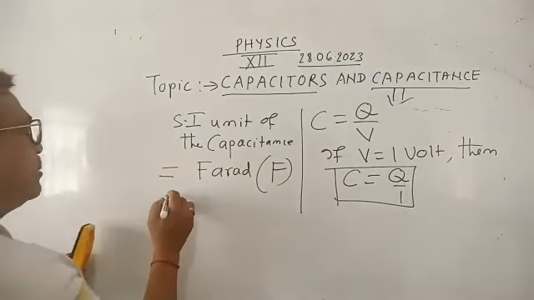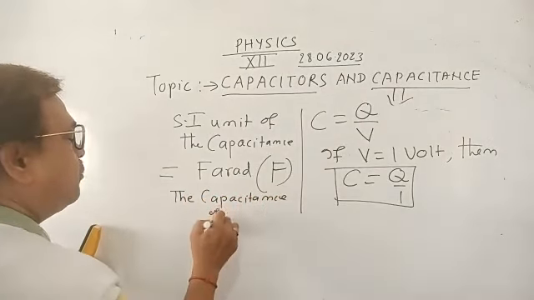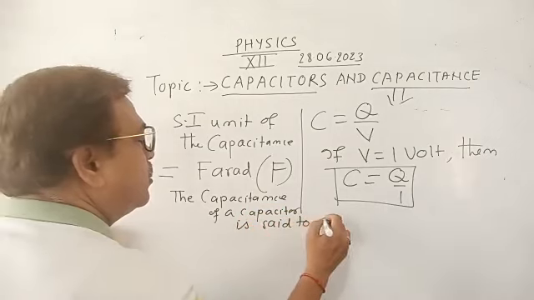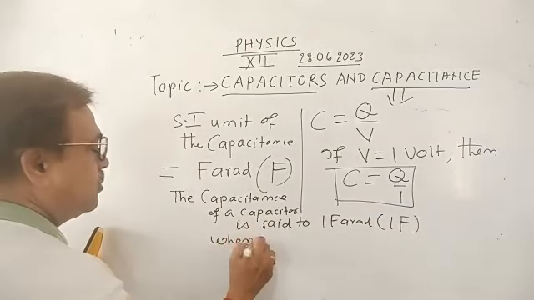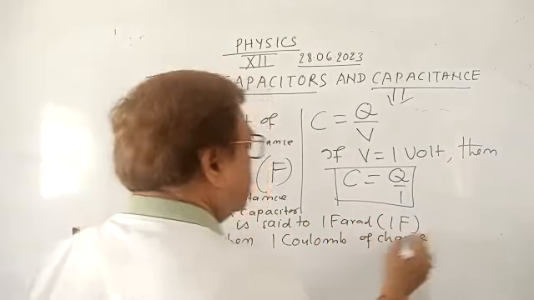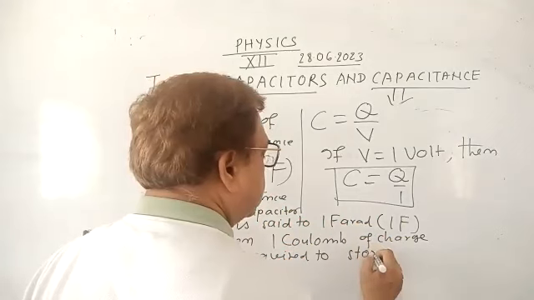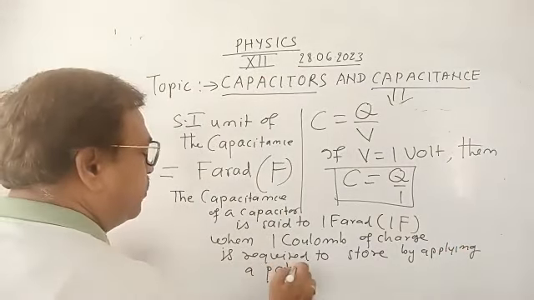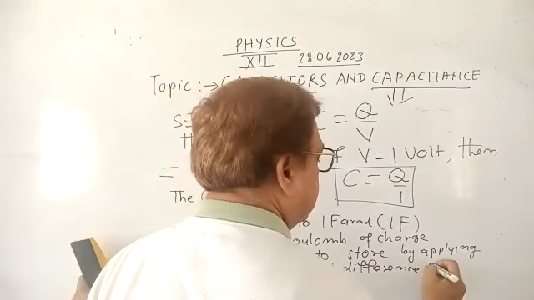So, the SI meaning of the capacitance: the capacitance of the capacitor is said to be 1 farad when 1 coulomb of charge is required to store by applying a potential difference of 1 volt between them.